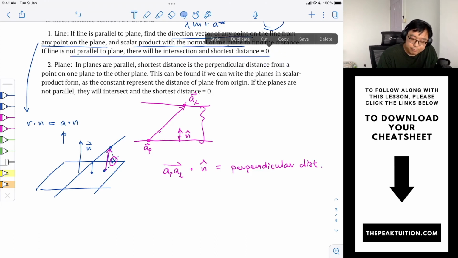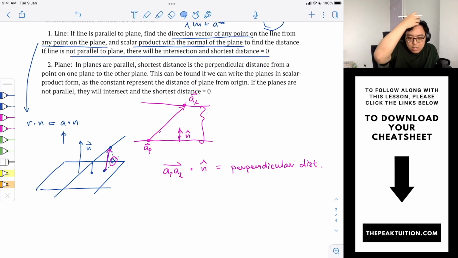In the case where the planes are parallel, the shortest distance is the perpendicular distance from one point on the plane to the other. This can be found if we write it in the scalar product form.